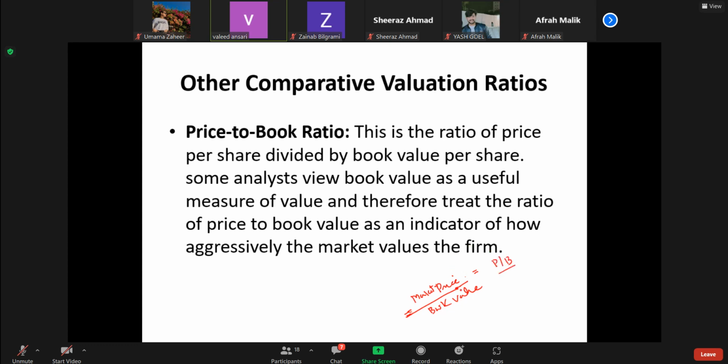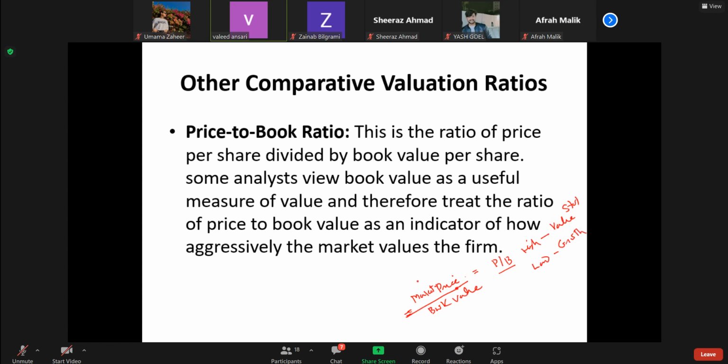Now we may have two types of companies. The PB ratio may be high for some companies, and for some companies it may be low. Those companies which have got high PB ratios are called value stocks, and those which have got low PB ratios are called growth stocks.